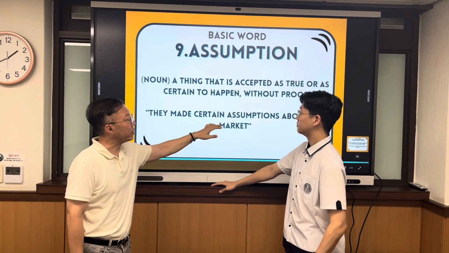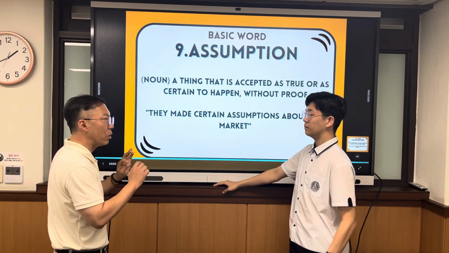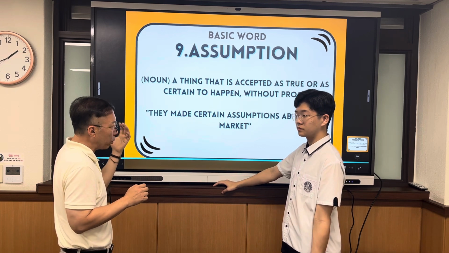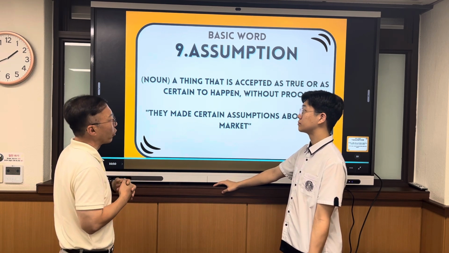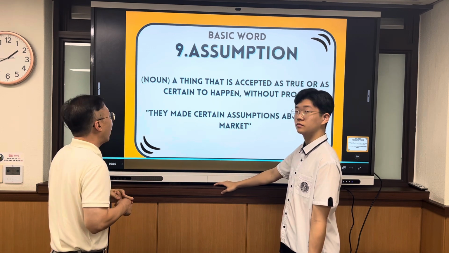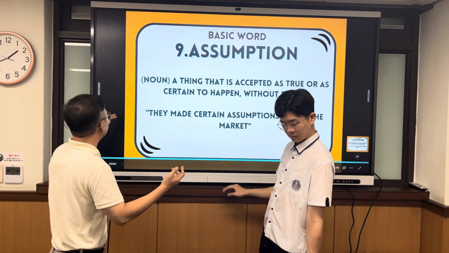It could be just one person's individual opinion. So with no proof, with no concrete evidence, people can make their own opinions and argumentations, and we can say that is an assumption. And this is the end of the words that I prepared, but I guess Chongwan has some more.